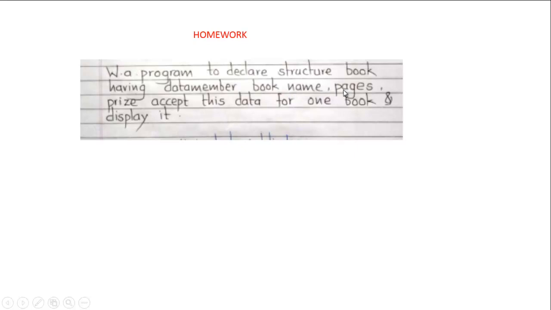Every book contains some pages, and it is an integer, suppose 100 pages, 200 pages. So int pages. And price may be decimal or fractional, so you can declare price as float. So do this as homework.